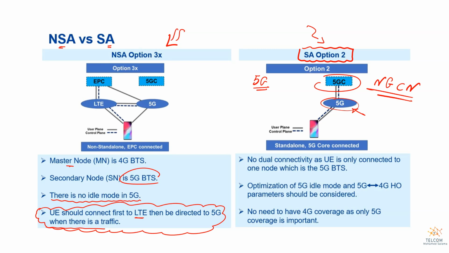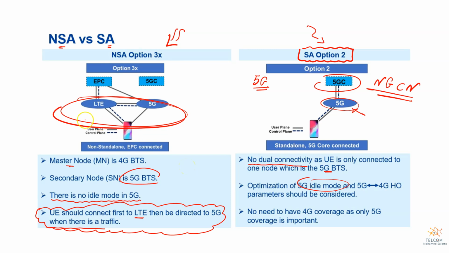There is no 4G node. The 5G base station controls the traffic and signaling, and there is no dual connectivity as we have here. The UE is only connected to the 5G BTS. So we have 5G in idle mode, and there is no 4G coverage. When you are in idle mode, you have a 5G connection.